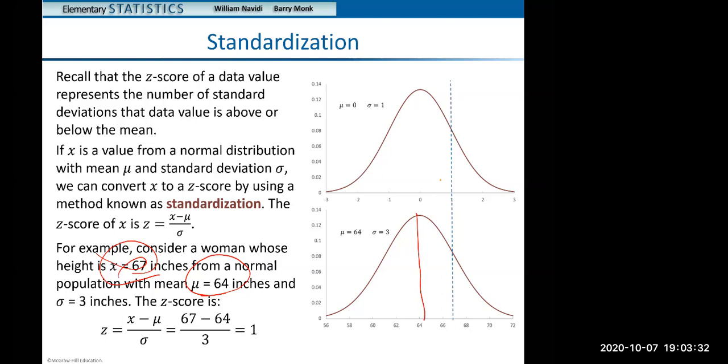So the center here is 64, and you want to get 67. It's the same thing as the center being 0 for the z-score, and that is equivalent to a z-score of 1.